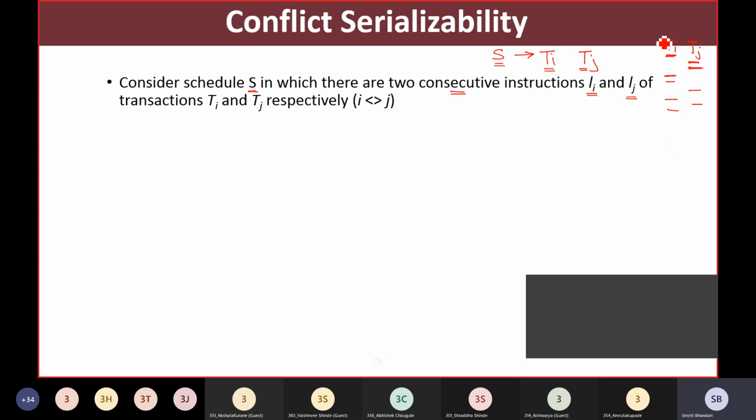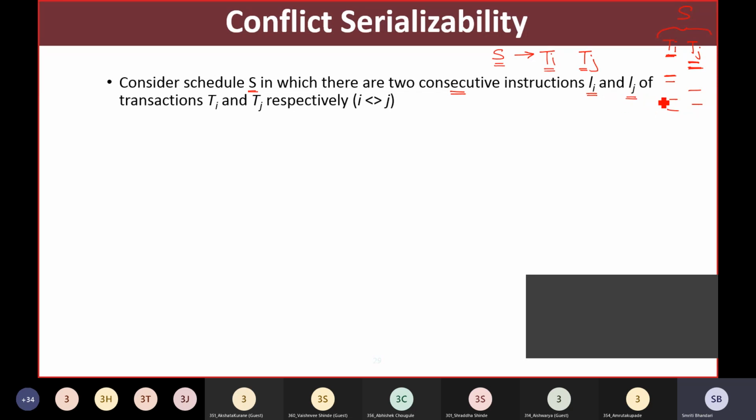This is the instruction from TI, this is the instruction from TJ, this is once again the instruction from TJ, this is the instruction from TI, and so on. This is my schedule S, which comprises TI and TJ, and we have the instructions II and IJ.